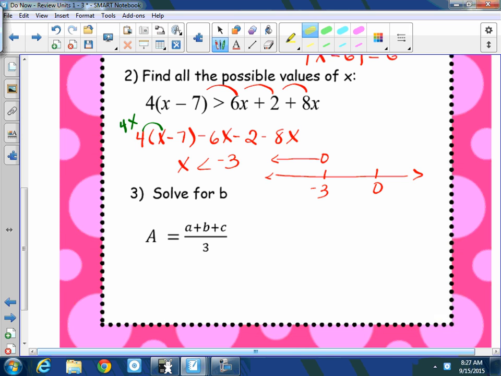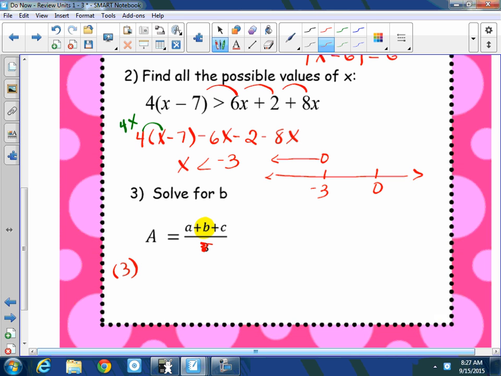All right. So in here, I got to solve for B. I'm just going to go ahead and name the steps, okay? First thing you need to do is get rid of what? The 3. The 3 is divided. So I'm going to multiply by 3. That gets rid of that. And then how do I get rid of the A and the C?